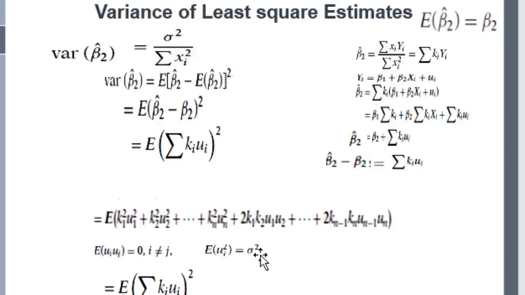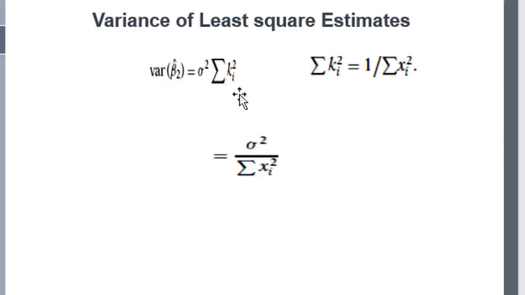The expected value of ui square equals sigma square. Then we can say the variance of beta 2 cap equals sigma square into sigma ki square. Then ki square we already defined equal to 1 by sigma xi square, so that equals sigma square divided by sigma xi square.